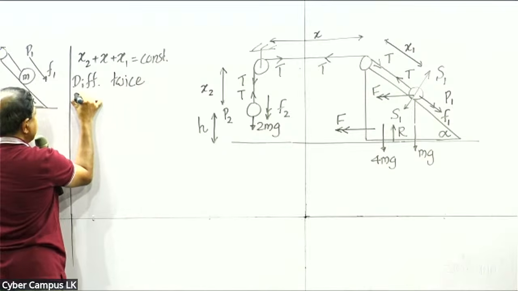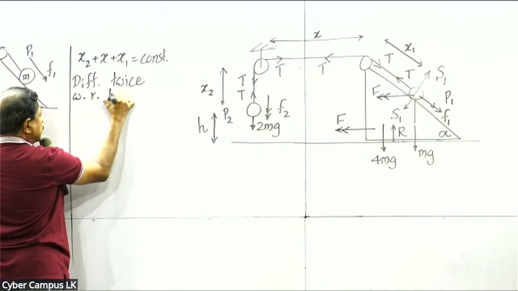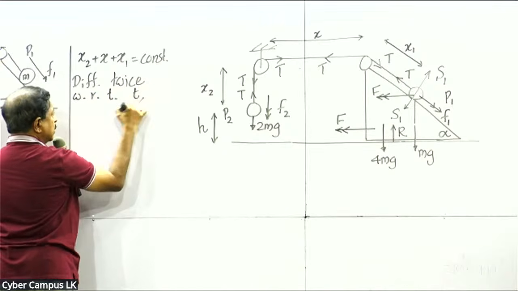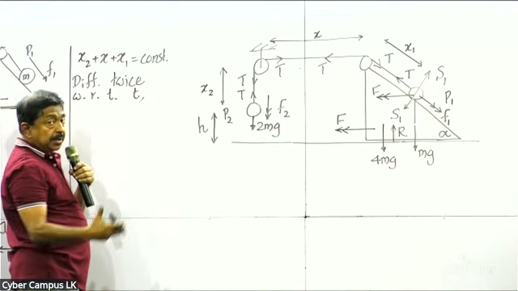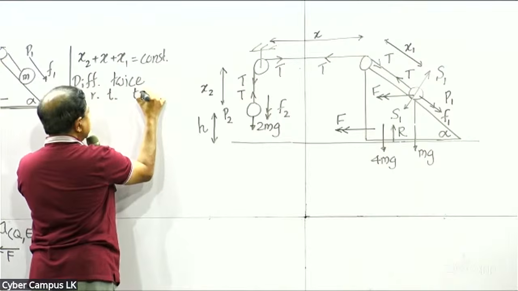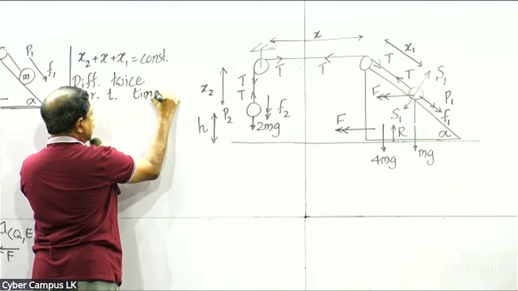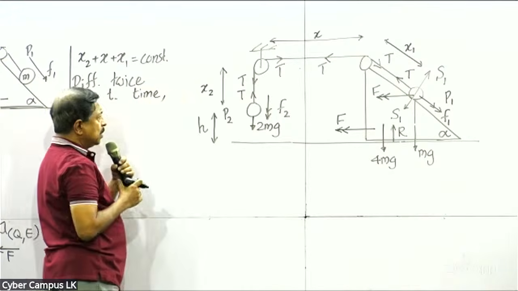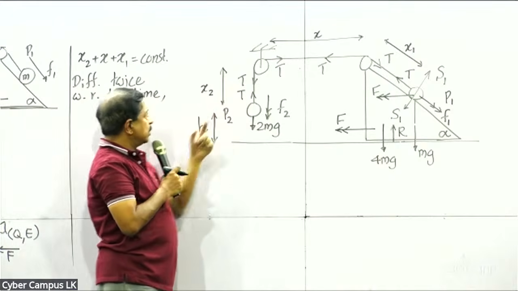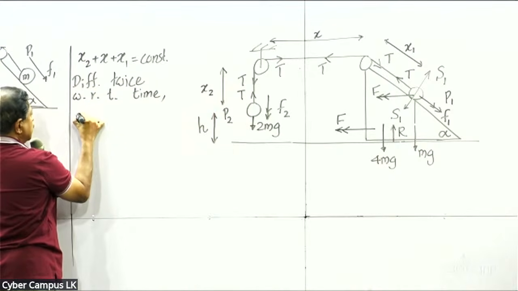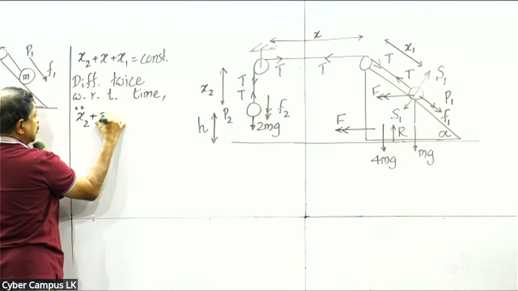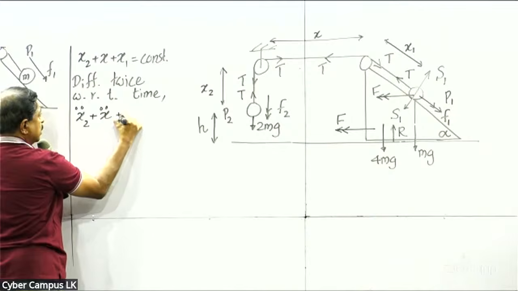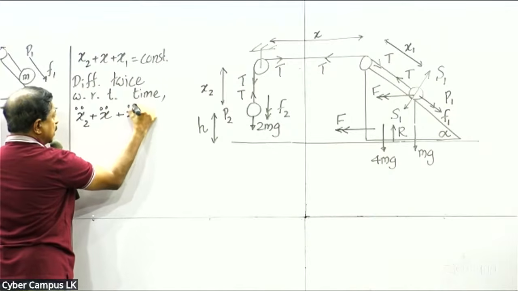Twice with respect to t, the time. If you differentiate this twice, you write it as x2 double dot, this will be x double dot, this is x1 double dot, and this is 0.